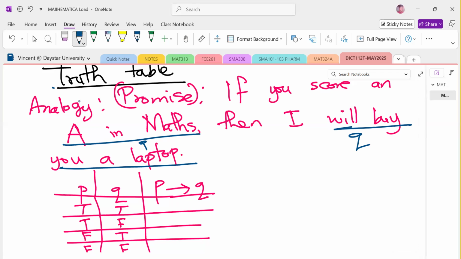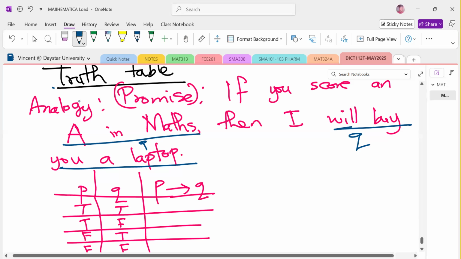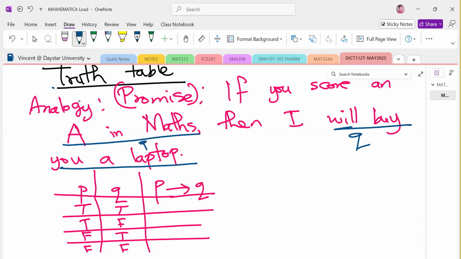If I have F under P, it means you didn't score an A in math. Then under Q, if I have T, it means you are bought a laptop. If we have F under Q, it means you are not bought a laptop.